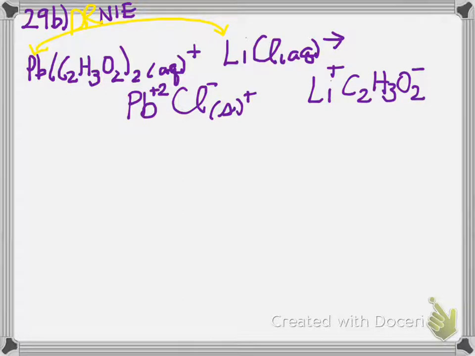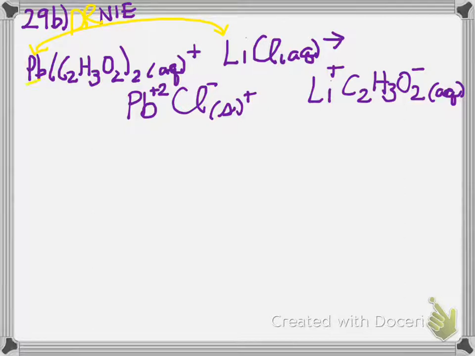Okay, and again, acetate's not there, so this is going to be rule number 1 because lithium is a salt of an alkali metal. And it says soluble, it says some lithium compounds, but since we already have one solid product, we're going to assume this is aqueous.